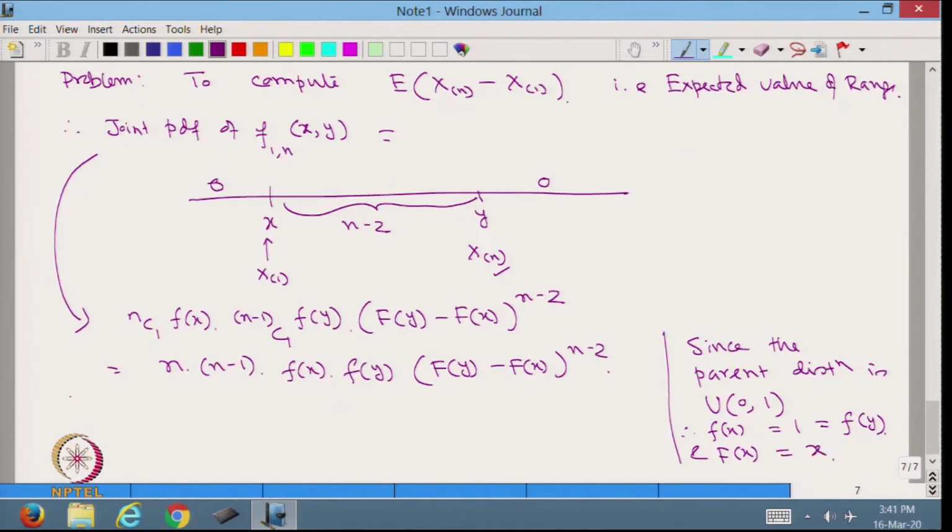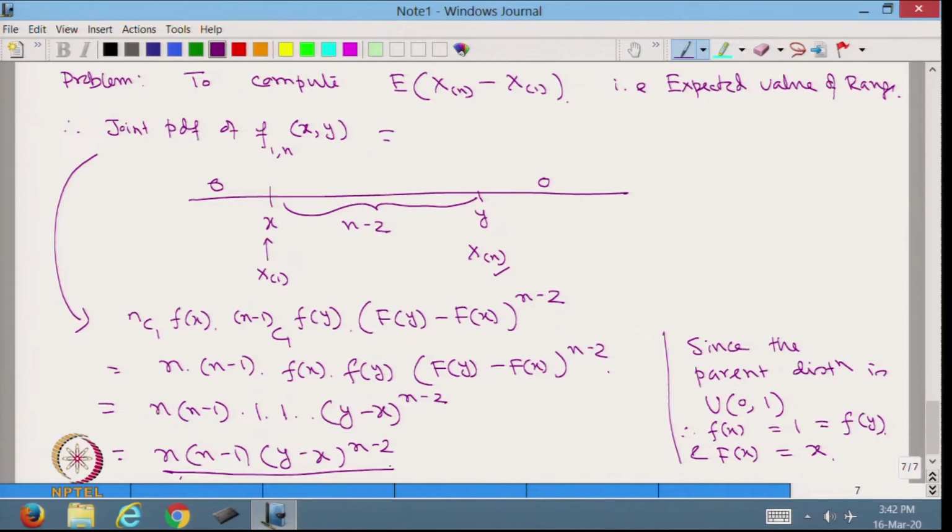Hence, putting the values here, n into n minus 1 into 1 into 1 into (y minus x) whole to the power n minus 2 is equal to n into n minus 1 into (y minus x) whole to the power n minus 2. So, that is the joint PDF of X1 and Xn.